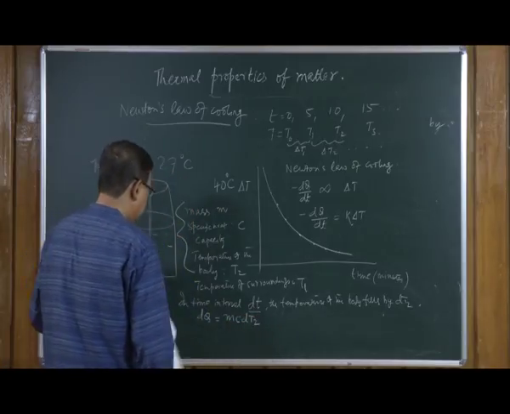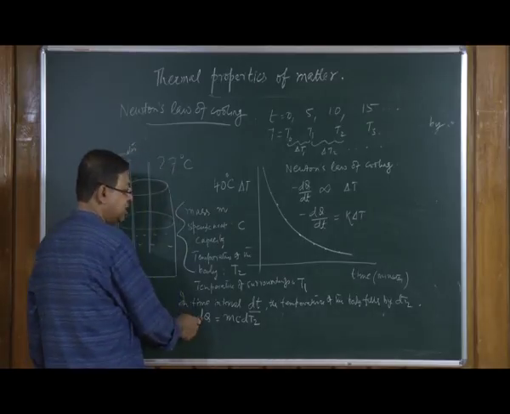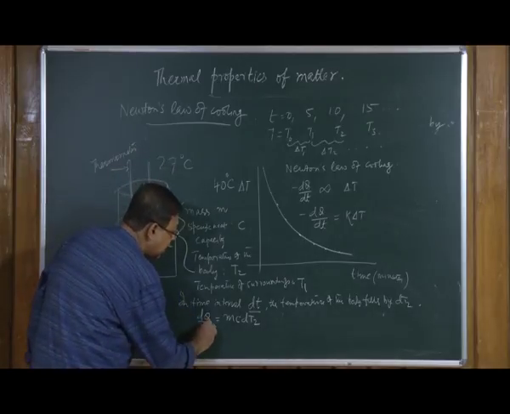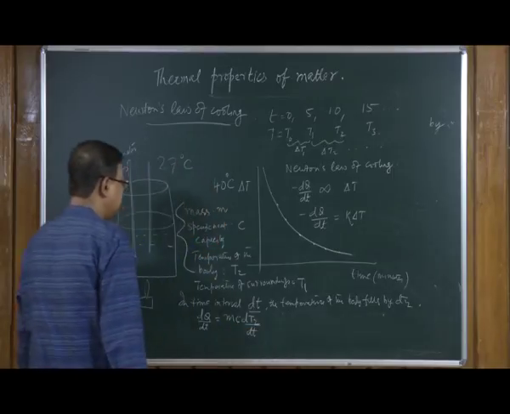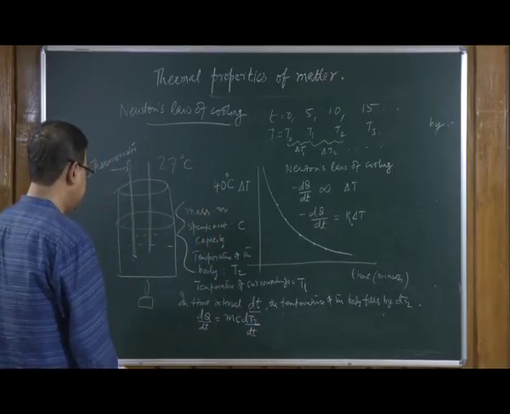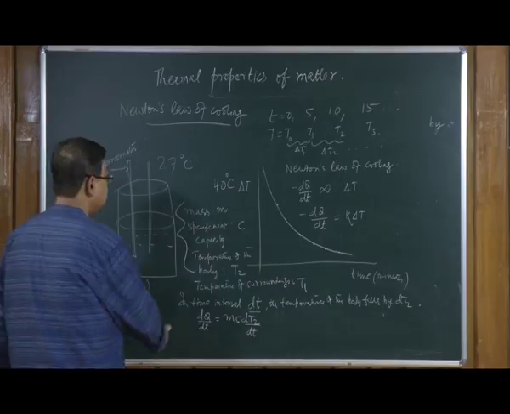And if I divide by the small time interval, this is equal to mc dT2 by dt, which is equal to dQ/dt.